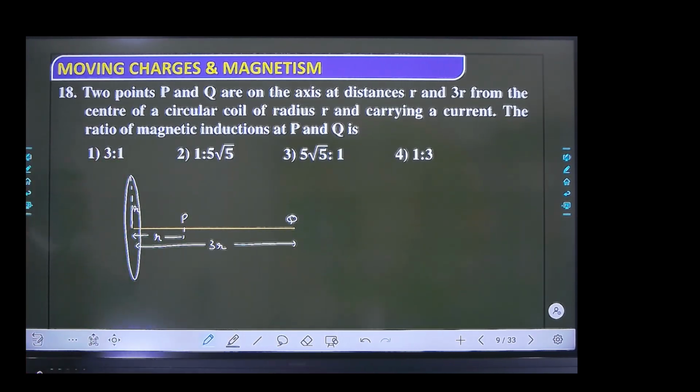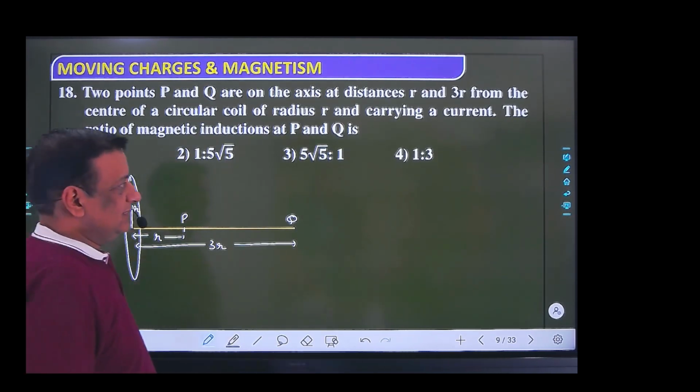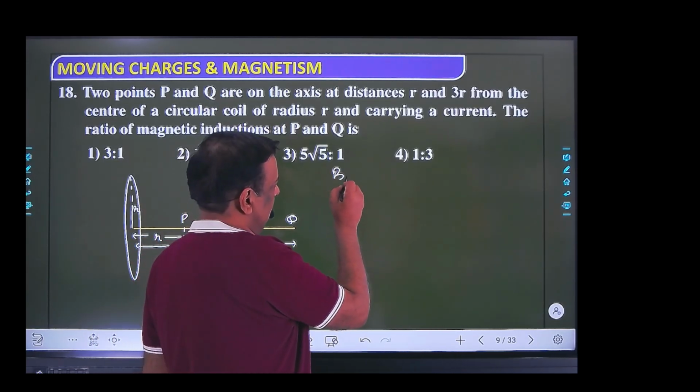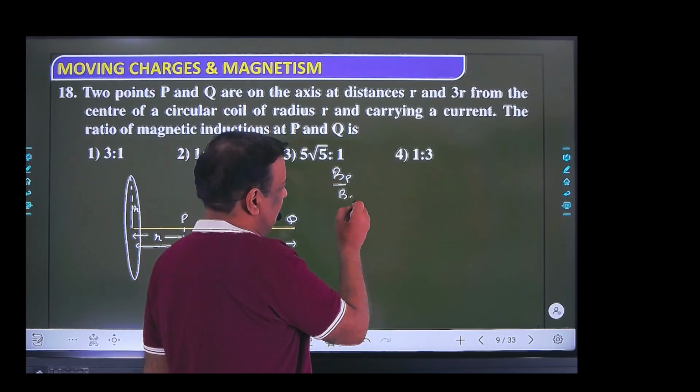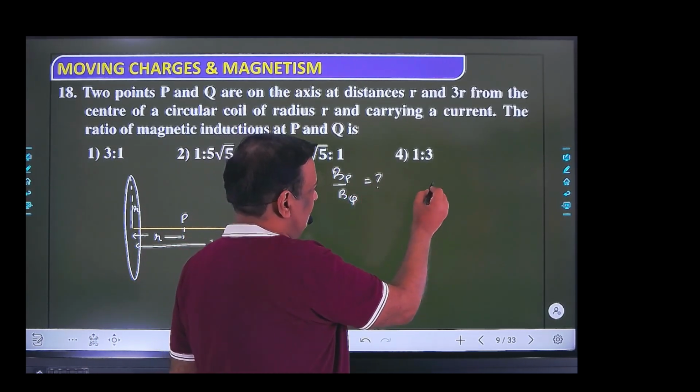You have to find the ratio of the magnetic field at the two points. Let's solve it. Use this formula.